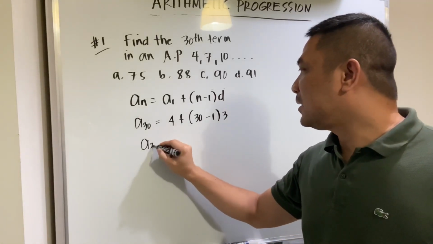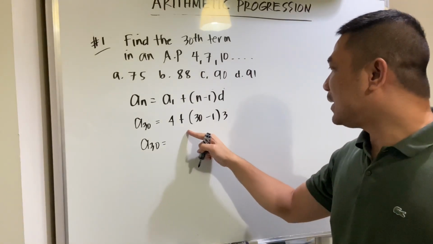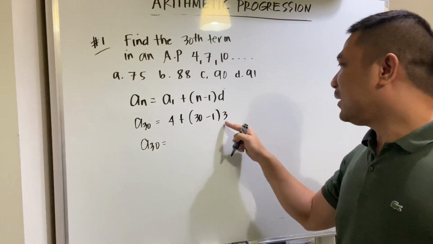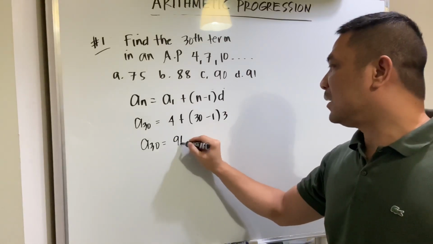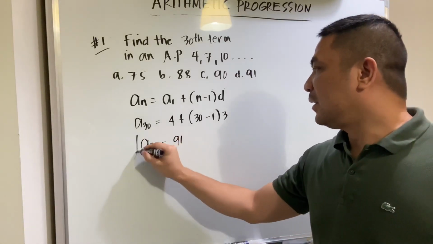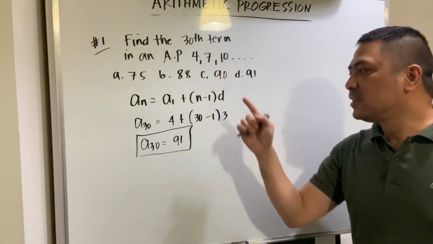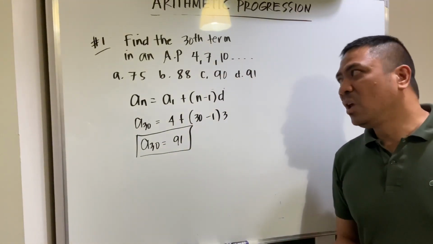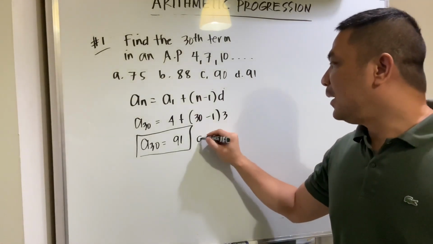So the 30th term is 4 plus 29 times 3, that's 87, plus 4, that's 91. So the 30th term in this series is 91. In other words, our answer for this problem is letter D.